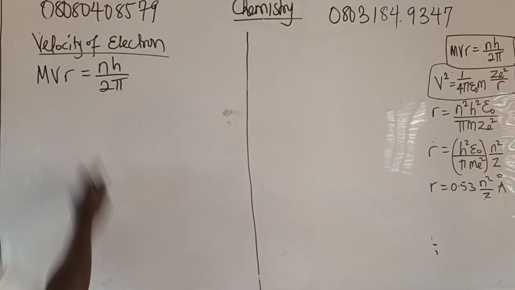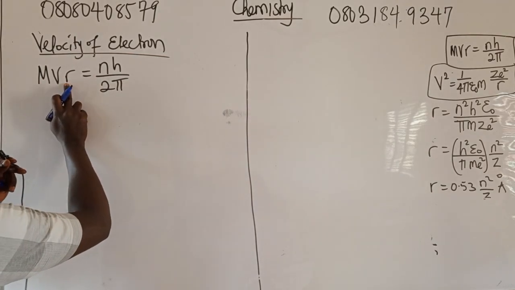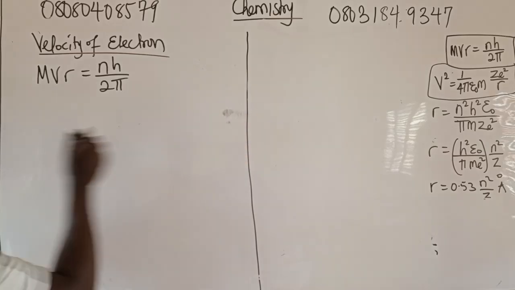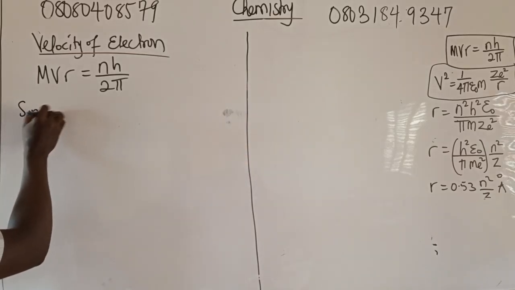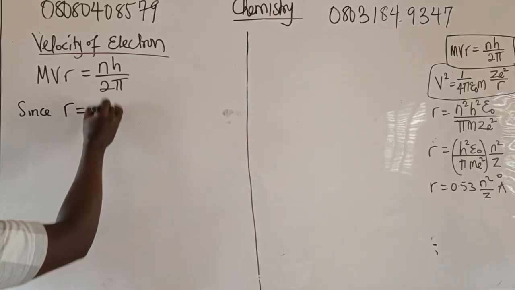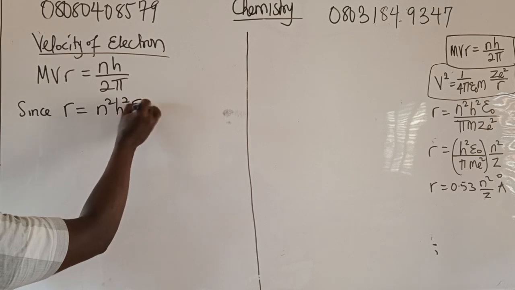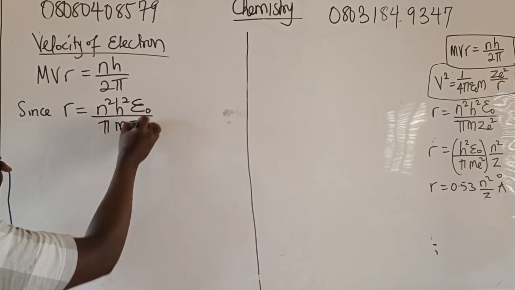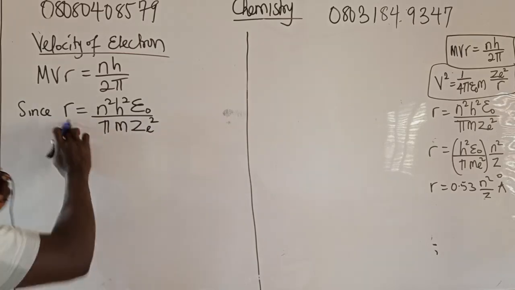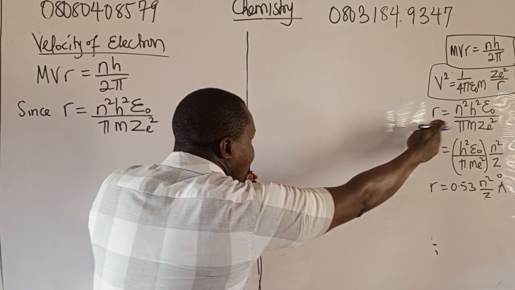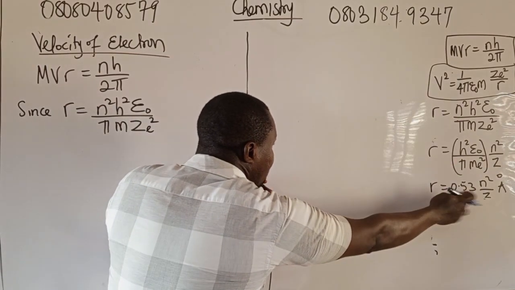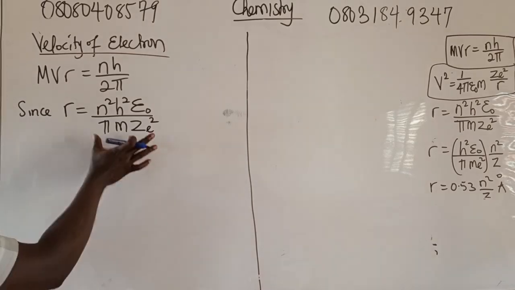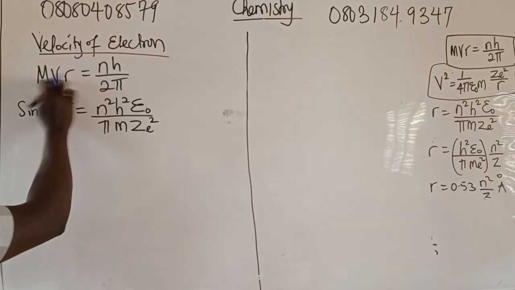I need to substitute for this R. Don't forget, recollect, R equals n squared h squared epsilon naught over pi n Z e squared.